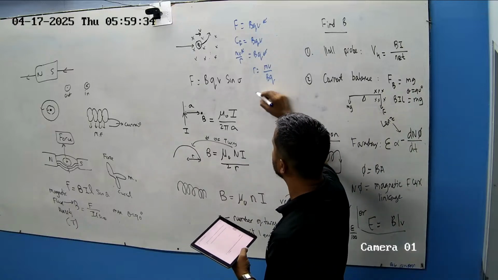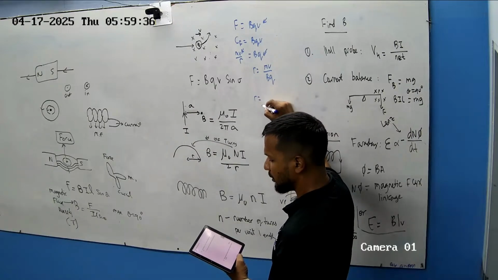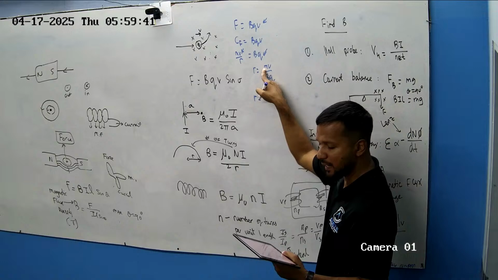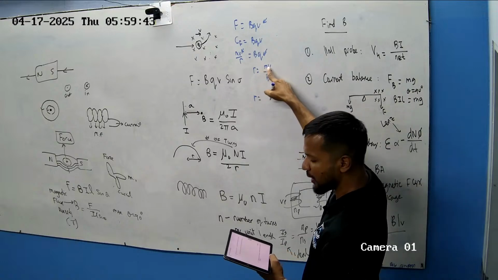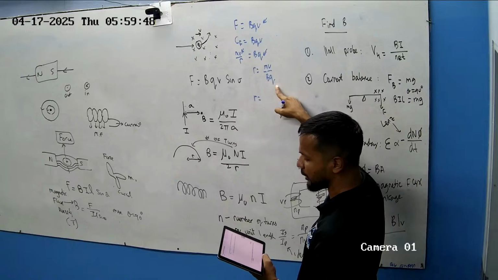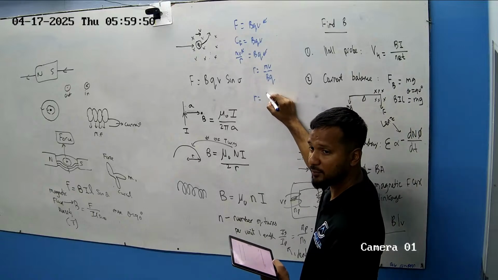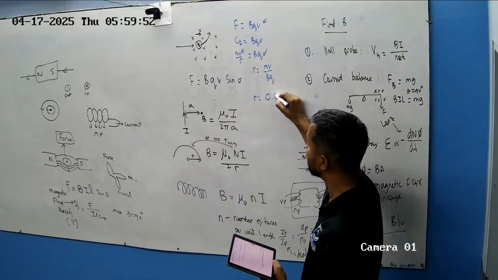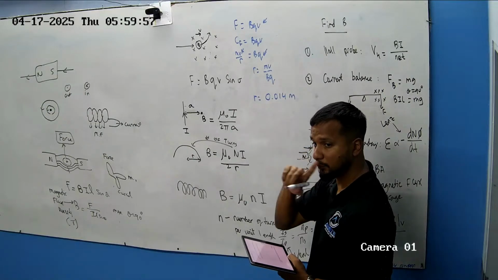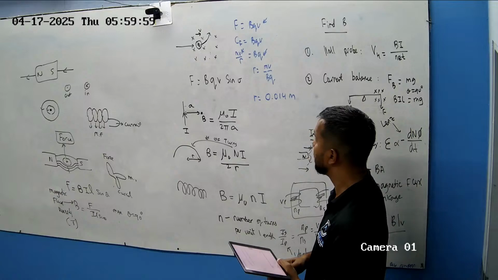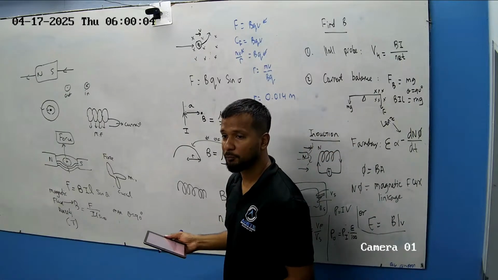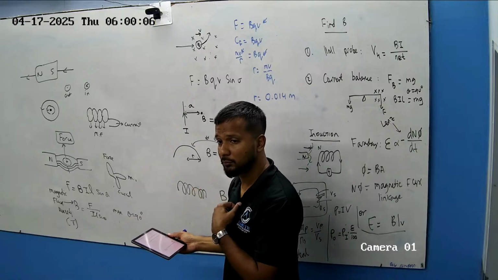Right, so what did you all get for r? Remember, it's the mass of an electron. So mass of an electron times the speed it's moving, over 10 by 10 to the minus 3 times the charge. How much did you get? 0.014. Anybody else got that? Are you sure?